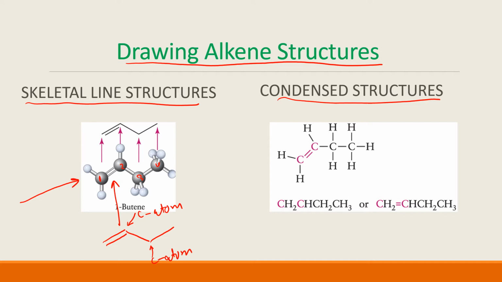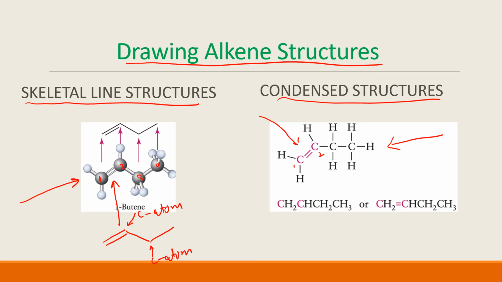In the case of condensed structures, the double bond of an alkene is inferred from the number of hydrogen atoms on the carbon group. For example, a Lewis structure of 1-butene is shown here, and as you can see, at carbon number 1 and carbon number 2 we have a double bond.